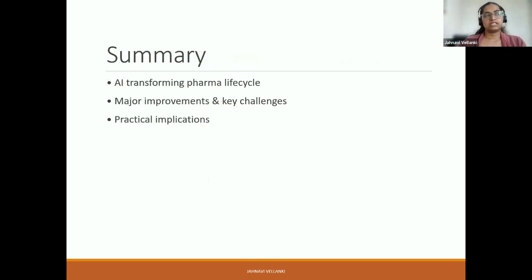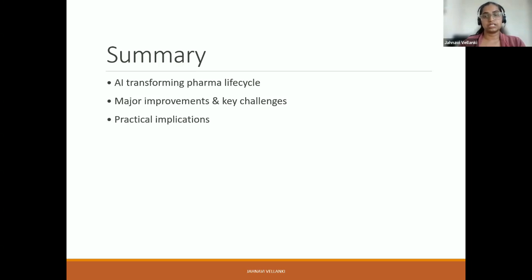So to summarize some of the key points from today, the intersection of AI and ML across the pharma landscape has visionary potential, from optimal lifecycle management from drug discovery through post-market surveillance.